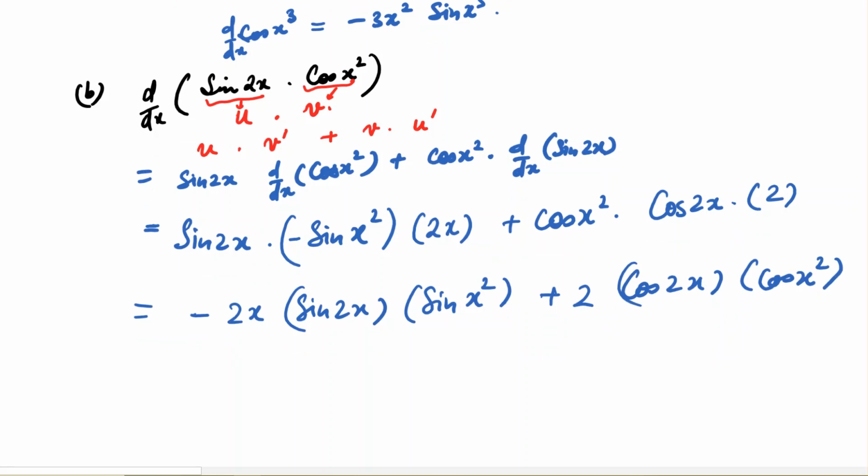Similarly, if you have something like sine 4x over cosine x cubed, then you can use the quotient rule. So basically all the rules of differentiation are same, but now since you know the derivatives of sine and cosine, you can solve any problem that involves sines and cosines and that you need to take the differentiation of.